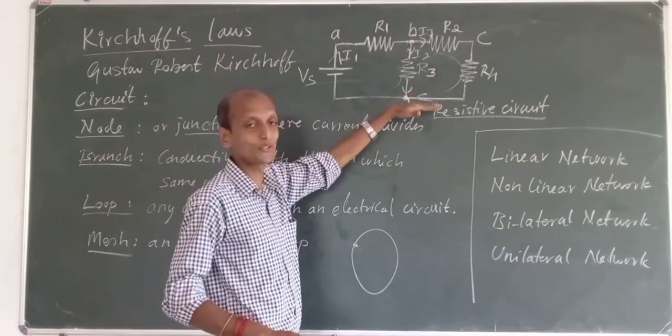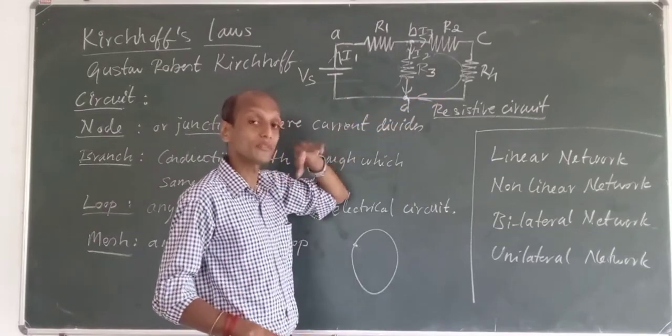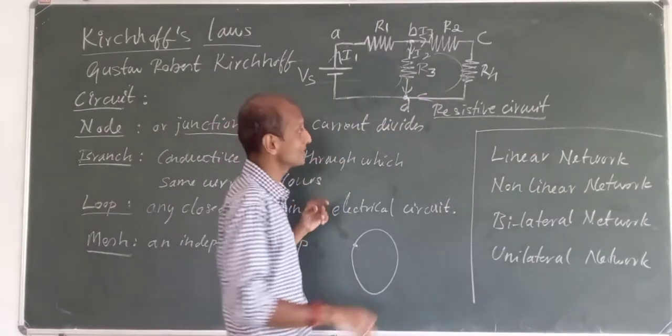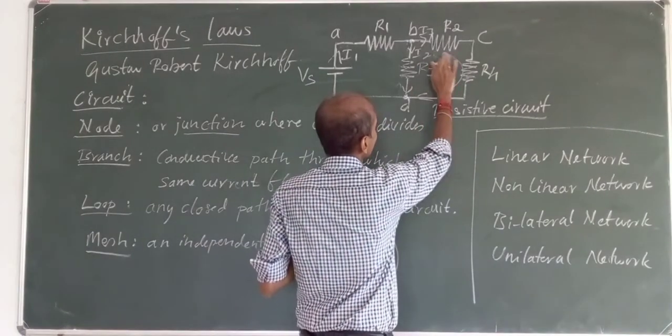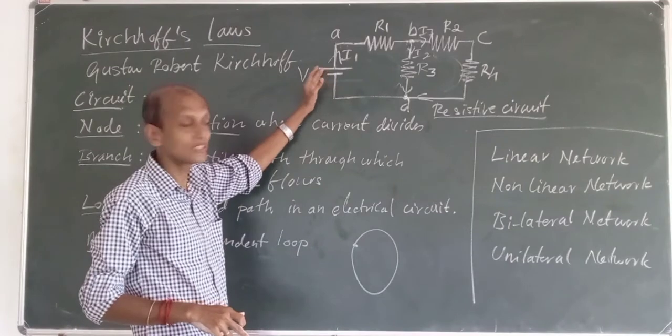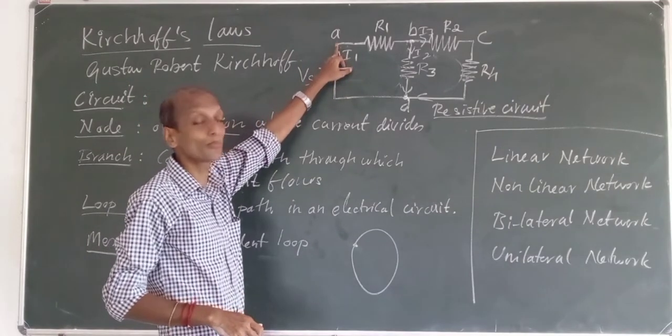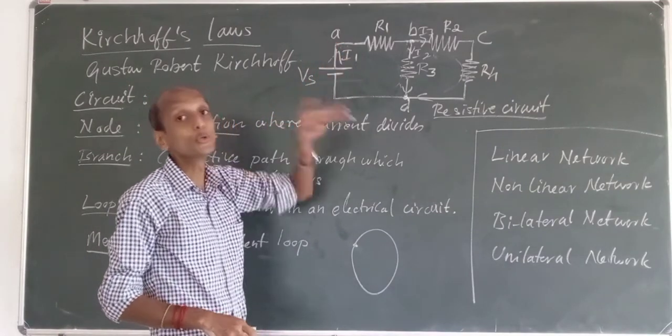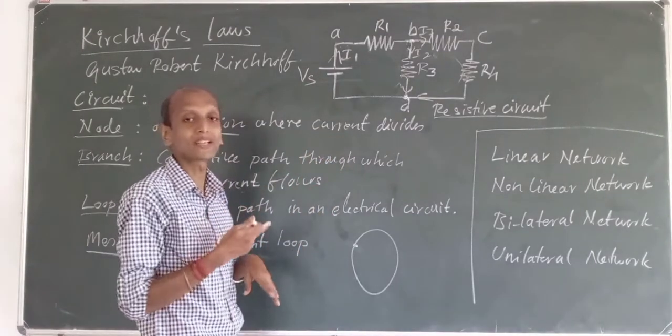According to this example, in this resistor network, I can go for some loops. Starting from this Vs, let us start from this point A. So what all loops can I make out?